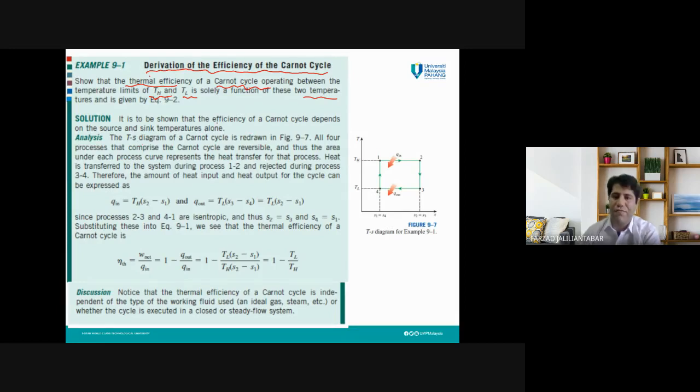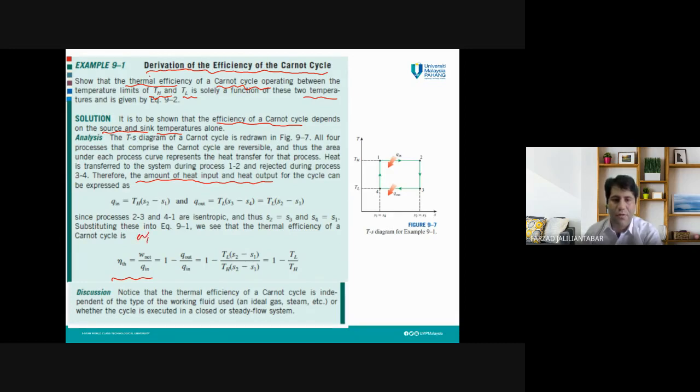As you may know, the efficiency of the Carnot cycle is only dependent on the temperature of the heat source and heat sink. To calculate the efficiency, we can use this equation. I already told you, this is a general equation to calculate the thermal efficiency of any type of cycle. So the amounts of heat input and heat output are required here.